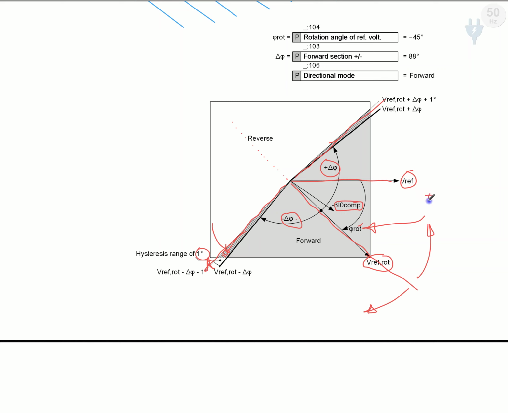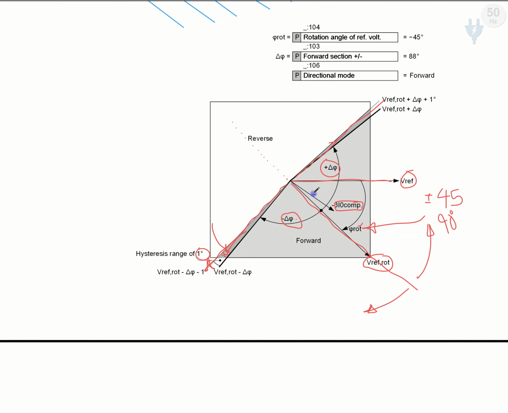It can be plus or minus 45, or it can be 90 degrees. It can shift 90 degrees in some cases. What values we select, we will discuss later, according to our system configuration.